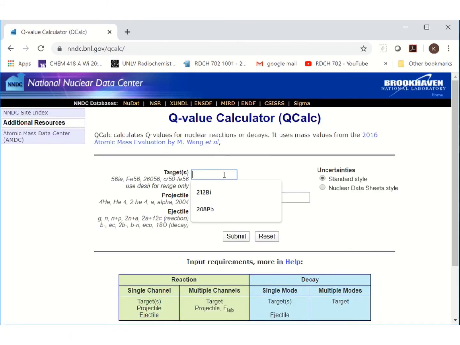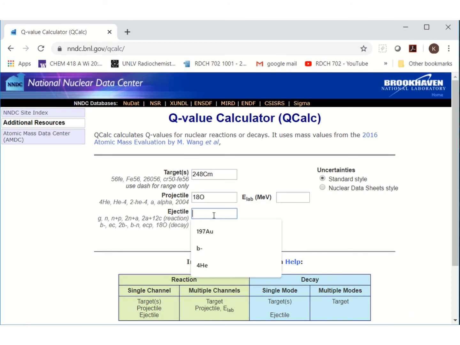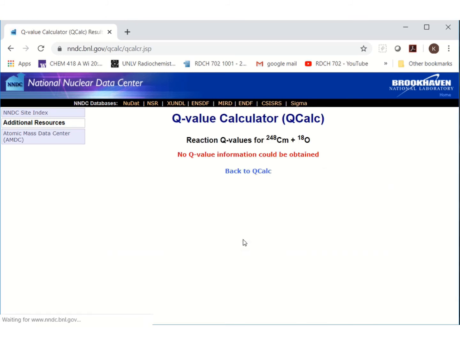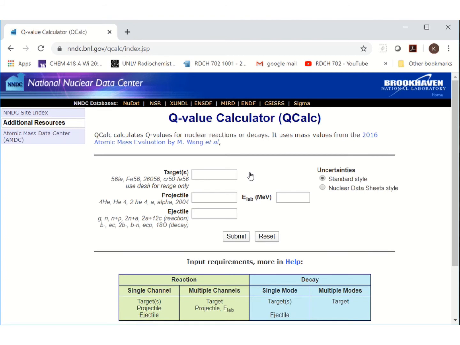So let's try to make the one that I did in graduate school. My target was curium-248. My projectile was oxygen-18, and I made rutherfordium-261. I'll submit that. Now, no Q value information could be obtained.